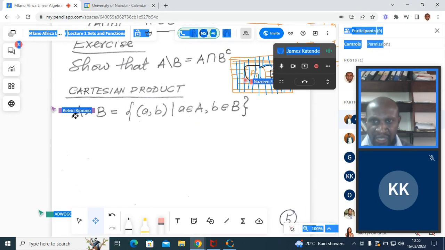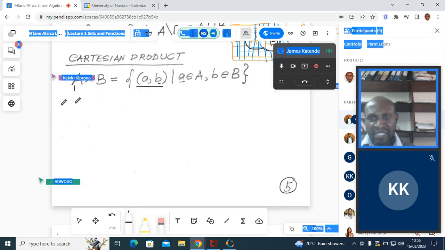We're going to define the Cartesian product of two sets. The Cartesian product simply means you get all ordered pairs of elements with a from the first set and b from the second set. Maybe we can illustrate this.